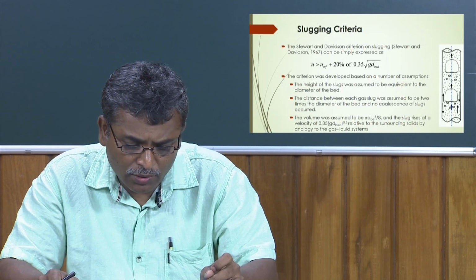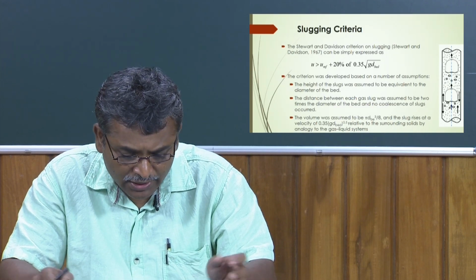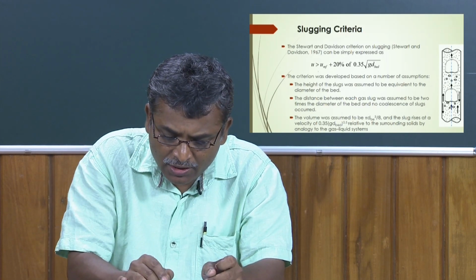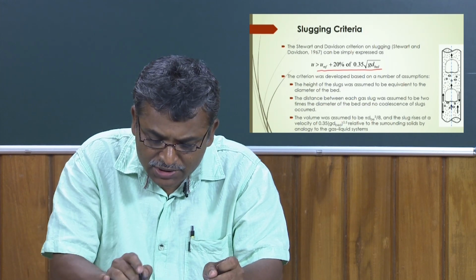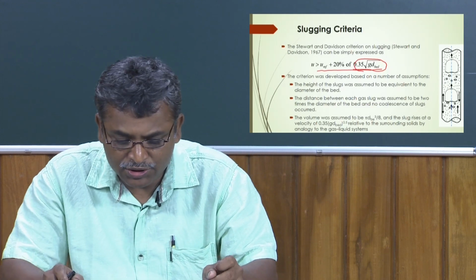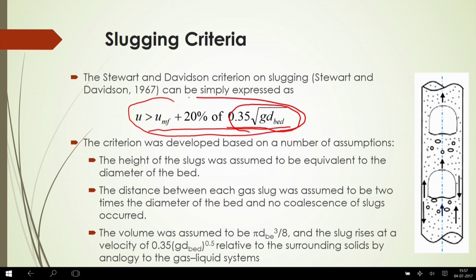They gave one correlation, stating that if the fluid velocity is greater than the summation of the minimum fluidization velocity and 0.35 times root over g dB, then you will get the slugging bed. So, this type of slugs will form. This is one important criterion for when you can get the slugging phenomena inside the bed.